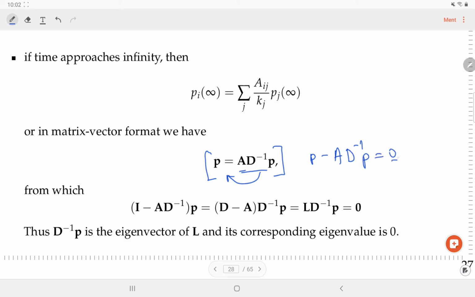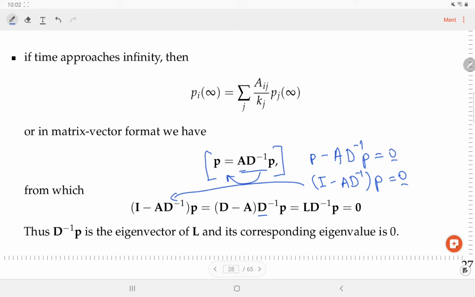Now we can take out vector p, so it's the identity matrix minus A D inverse times p equal to 0. Then we can rearrange it even more, taking out the D inverse from the brackets.